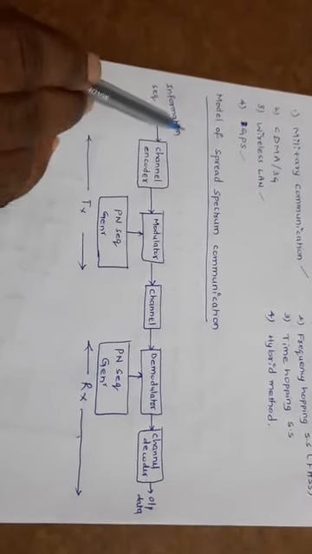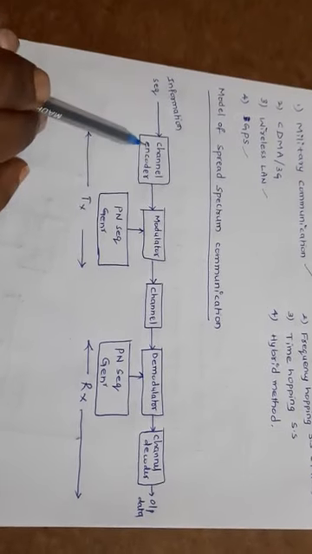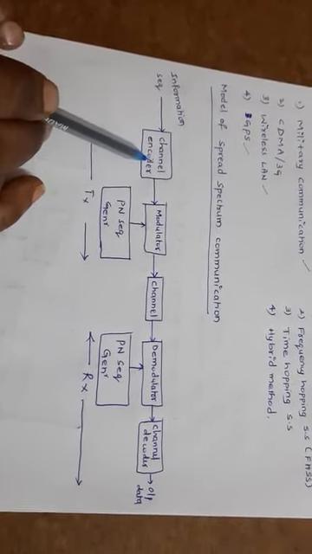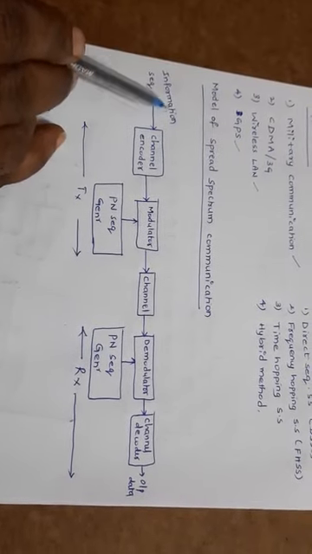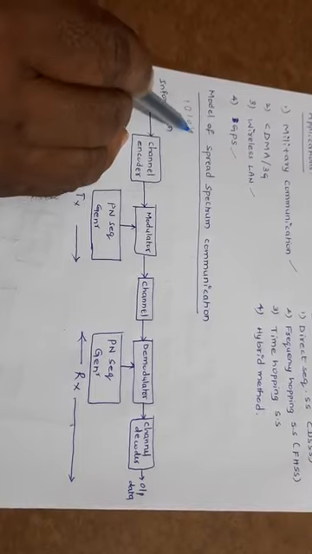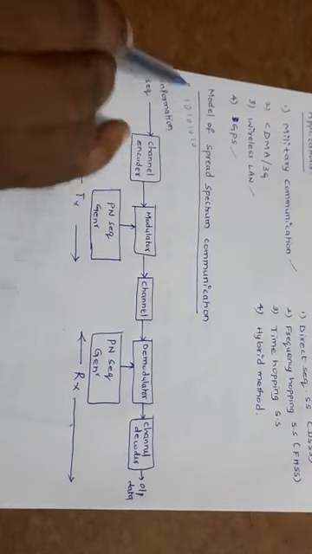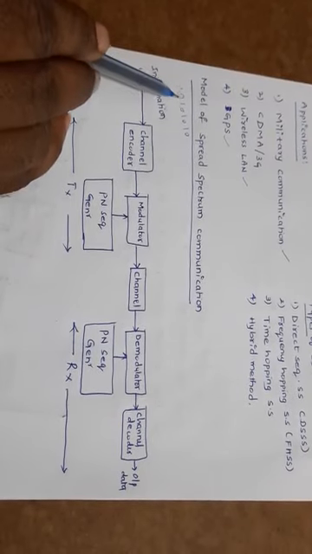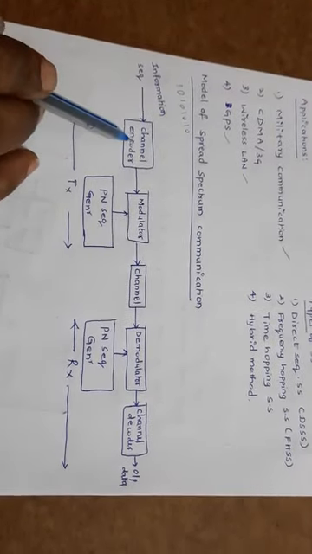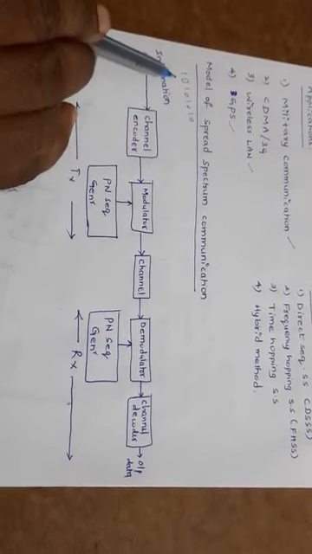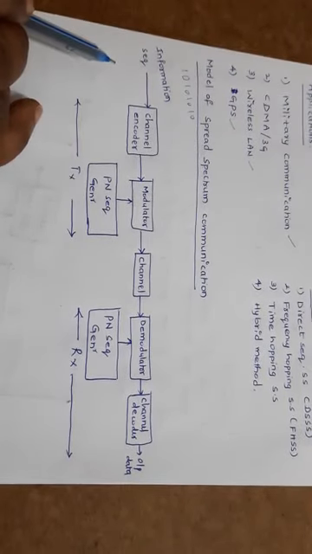Initially I have the information sequence. As we all know, the channel encoder will add additional bits to the information sequence. For example, I have a sequence like 101010. This is my binary data sequence. Whenever I apply this binary data sequence to the channel encoder, it adds additional bits to the incoming binary sequence.